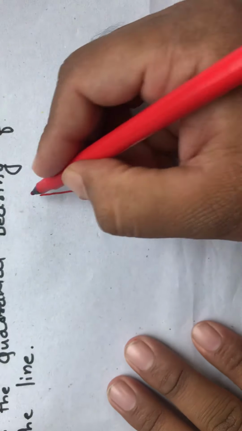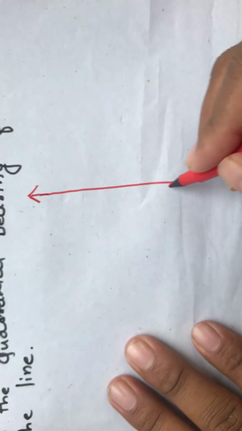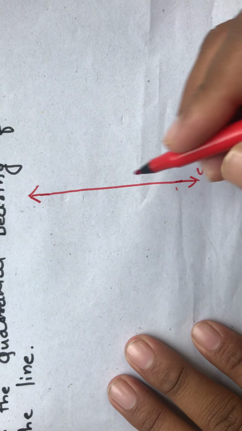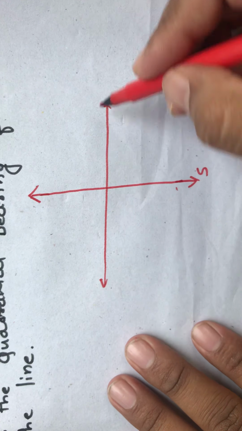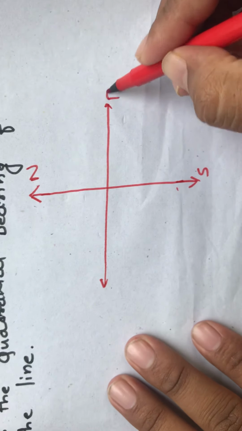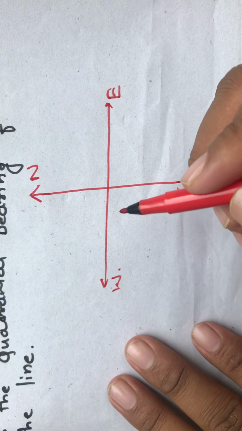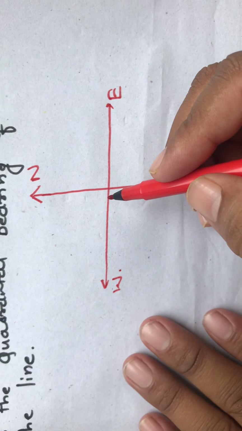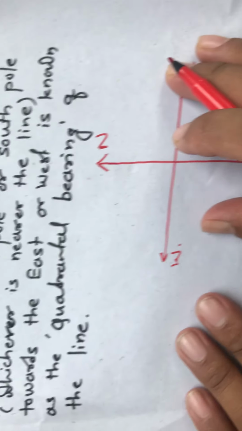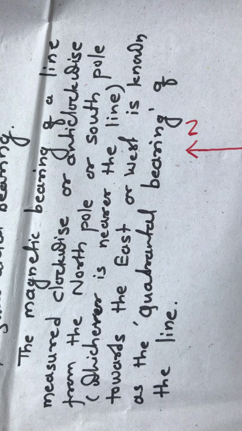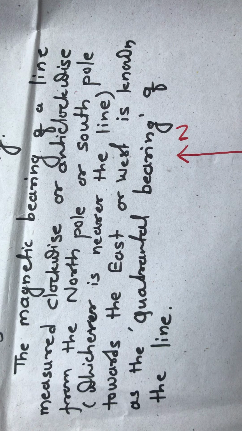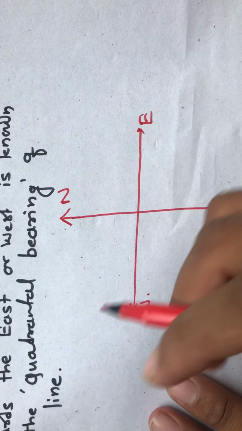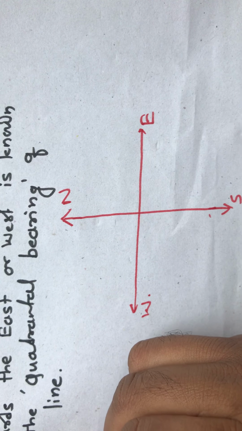Same as before, we have north, south, east, west. Okay, so as per these definitions we have 4 quadrants. The system consists of 4 quadrants. So what are the quadrants?